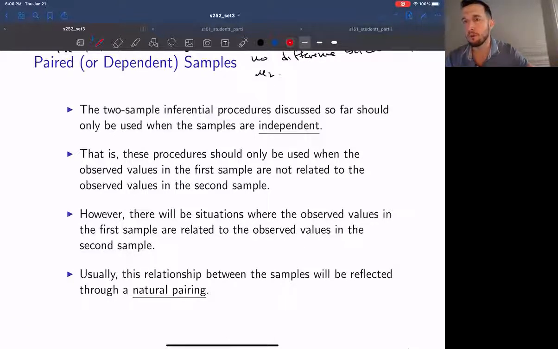The examples that we have seen so far, for example, we looked at the dynamic system versus the static system for recovery from surgery in the hospitals. We considered each of those samples to be independent.